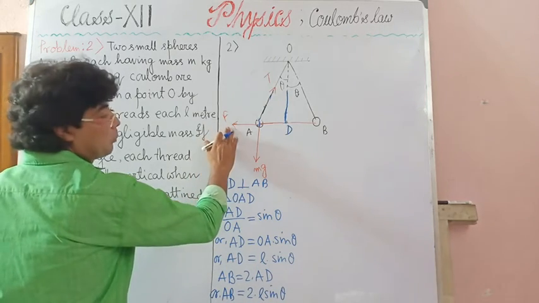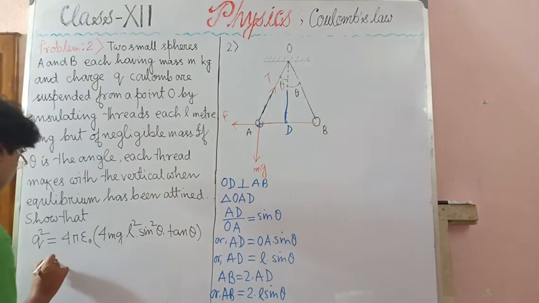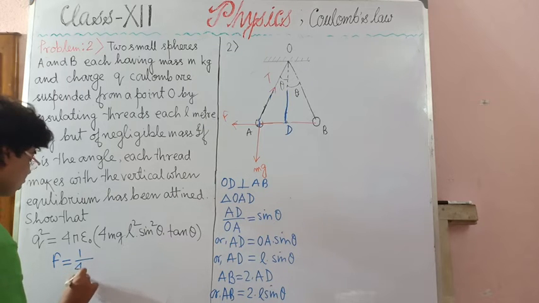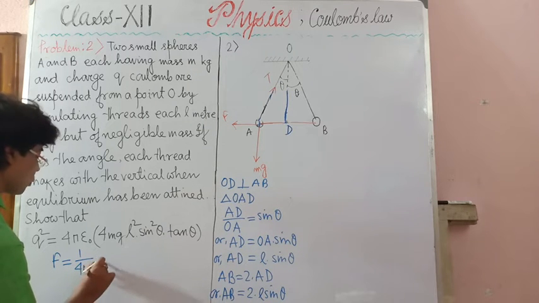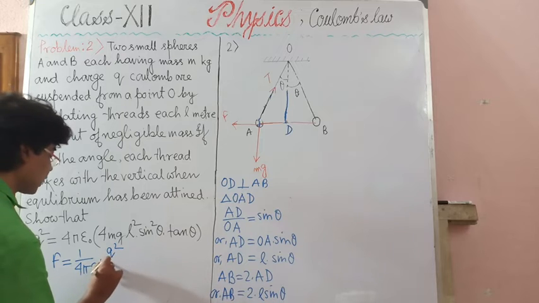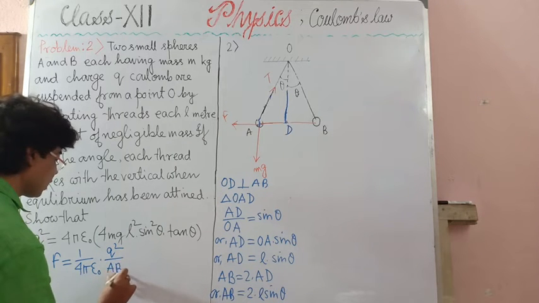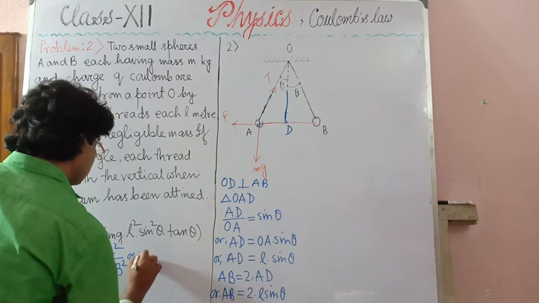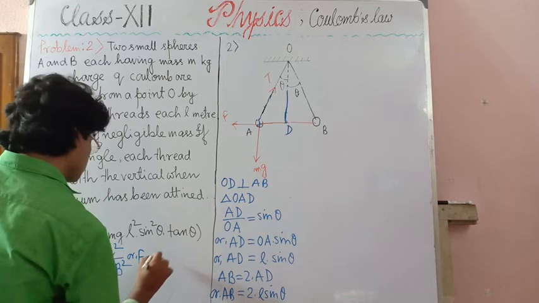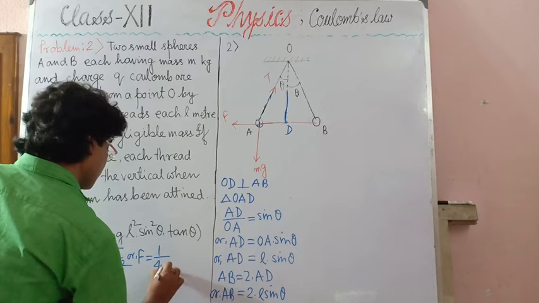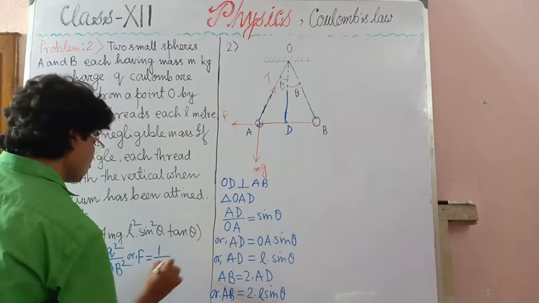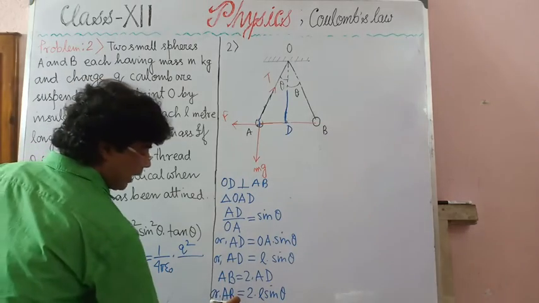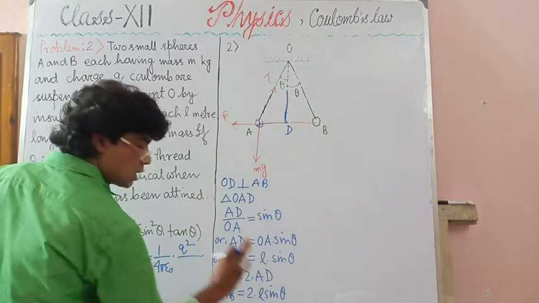Now the electrostatic force F can be written as F equals 1 by 4 pi epsilon 0 Q square by AB square, or F equals 1 by 4 pi epsilon 0 Q square by AB square, where AB equals 2L sin theta.